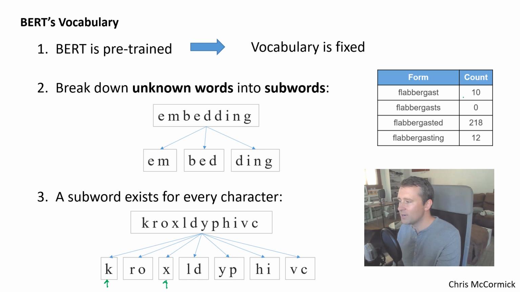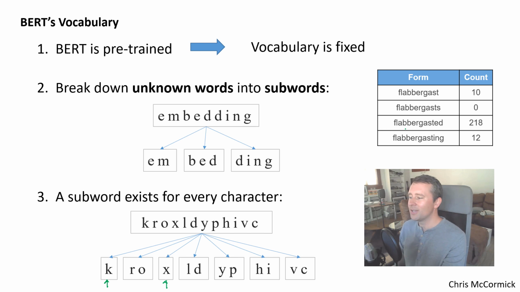The verb flabbergast is in there 10 times. Flabbergasts is never in there, but it is a valid form. You could say it flabbergasts me every time such and such happens. The most common use is, he was flabbergasted. And flabbergasting is also another possible conjugation.